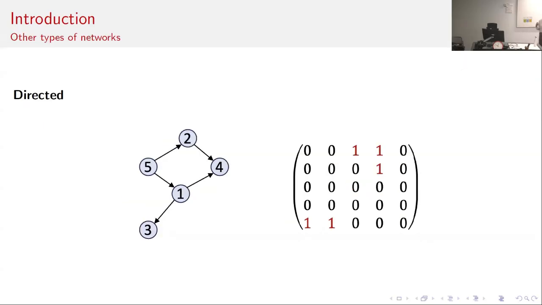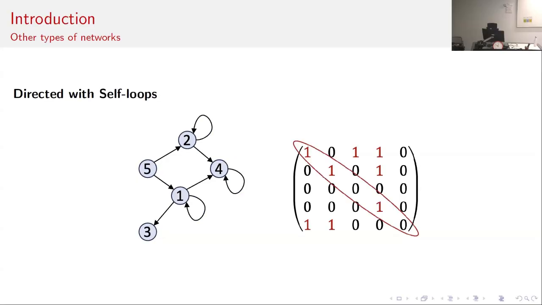But of course, we have also other types. These are directed networks, where now we can see that we have an edge that has a direction. And the adjacency matrix is no longer symmetric in this case. We might have self-loops, as in this case, a directed network with self-loops.